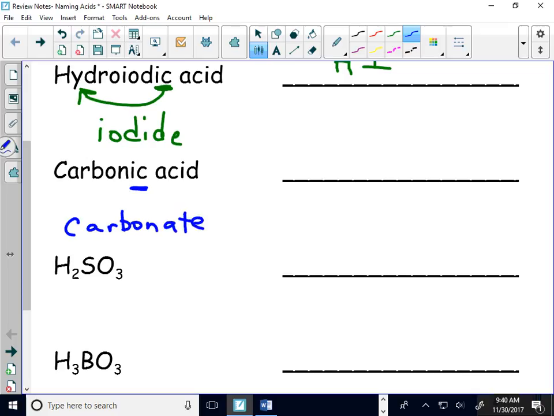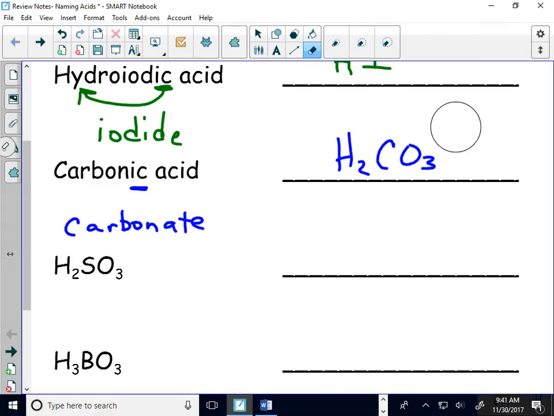Carbonate. What is carbonate? CO3, 2 minus, right? So this is a new one because I'm going to need how many hydrogens? I'm going to need 2. And get rid of that charge.